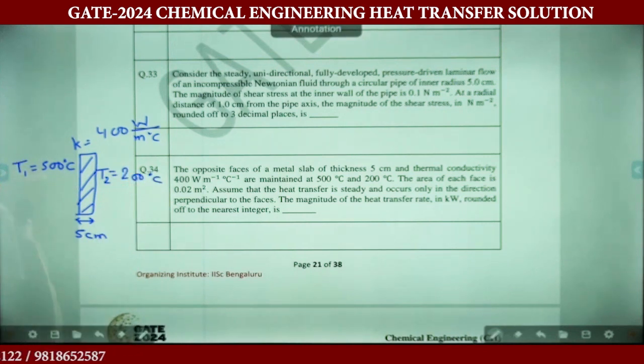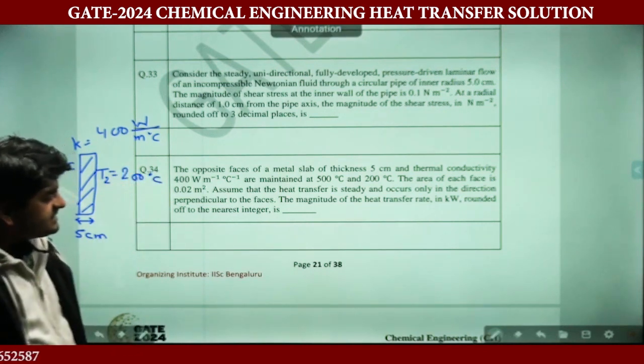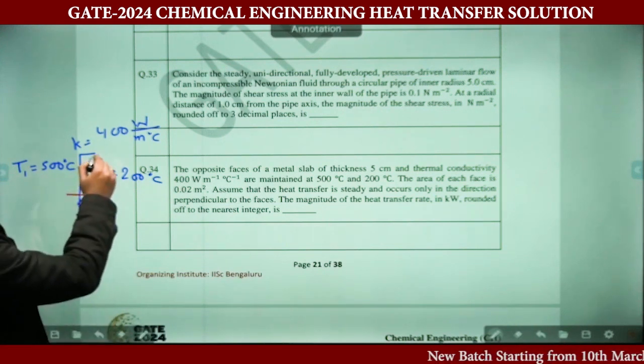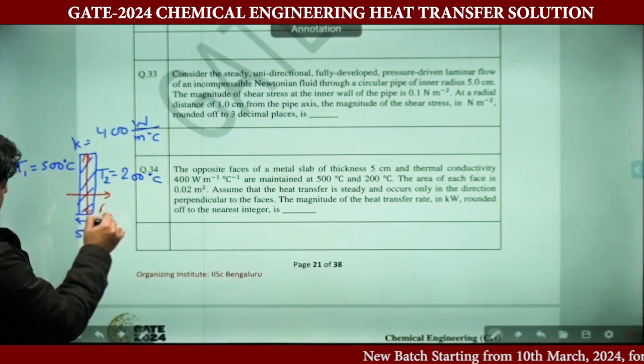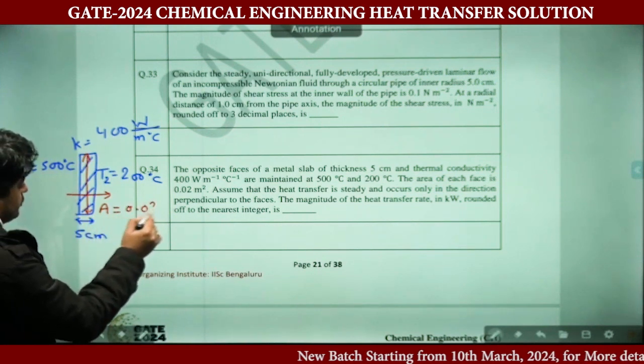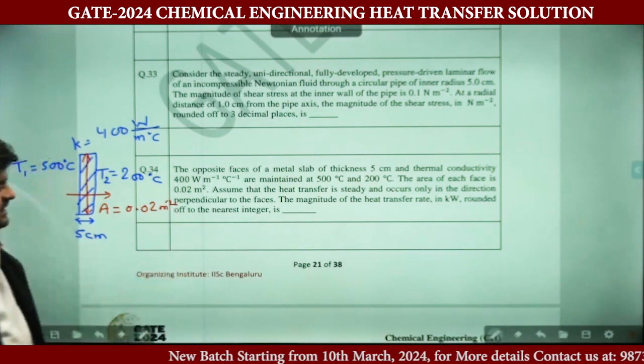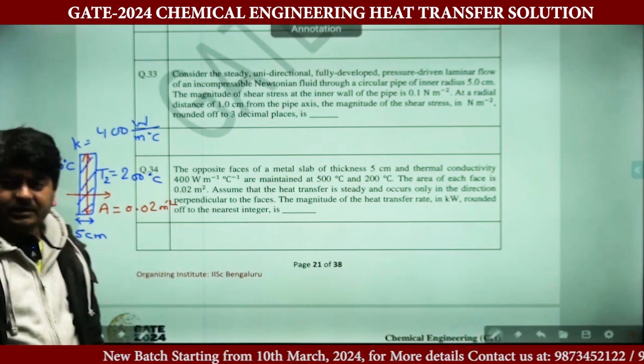Assume the heat transfer is steady state and occurs only in one direction perpendicular to the faces, means in this direction, and area of each face is also given as 0.02 meter square. So they are asking what will be the magnitude of heat transfer rate in kilowatt.